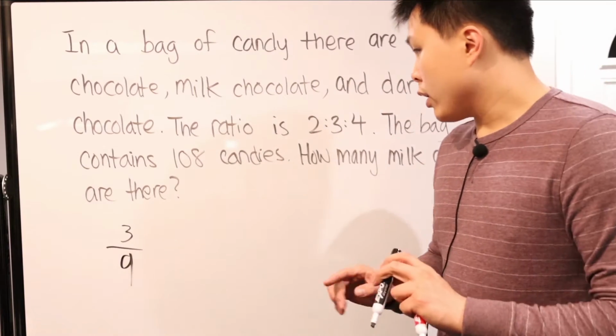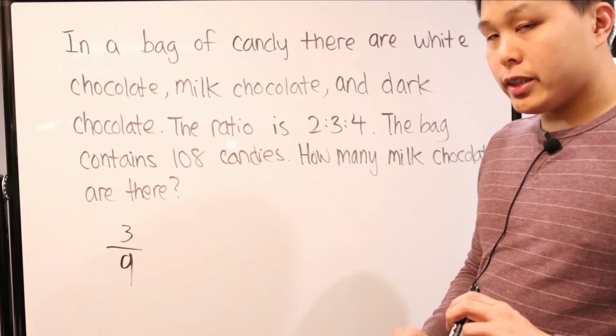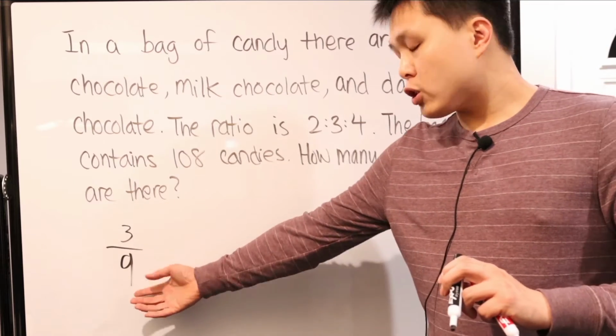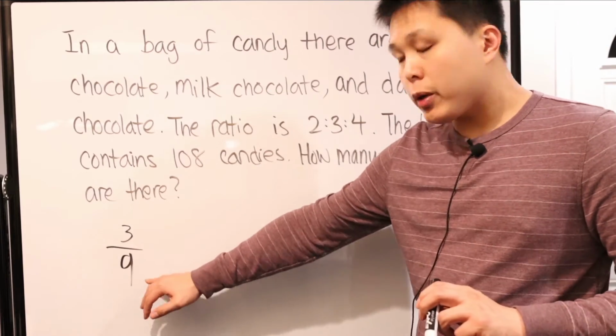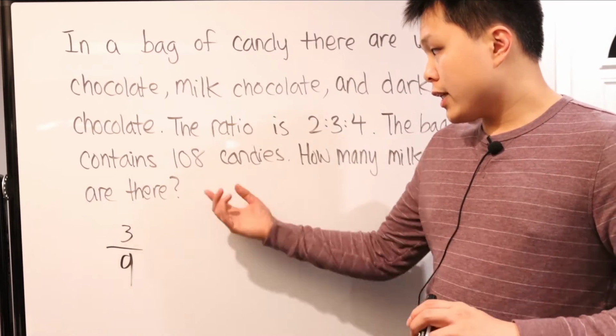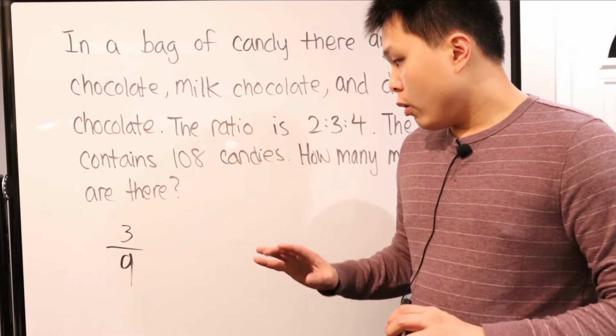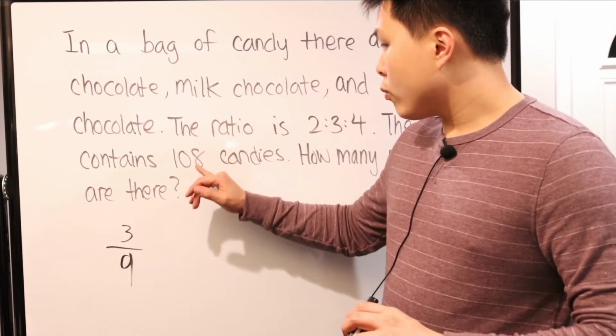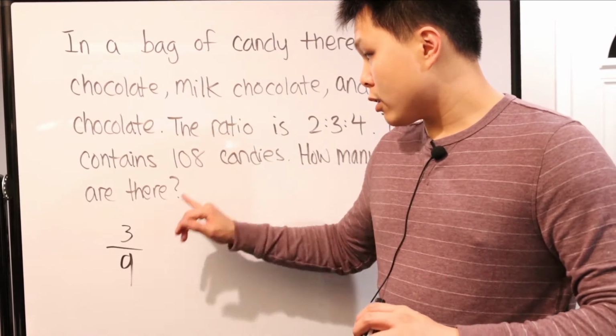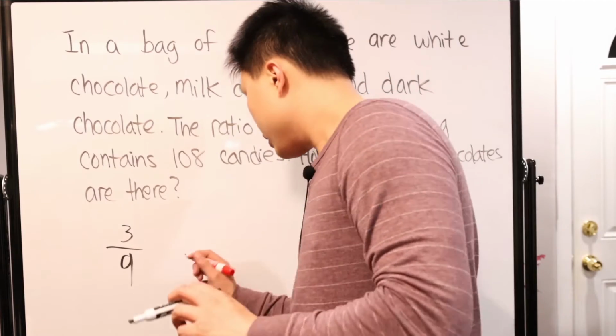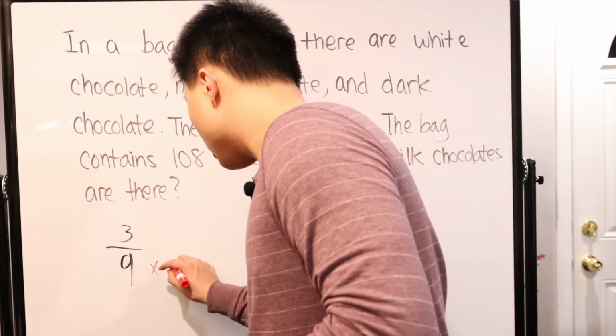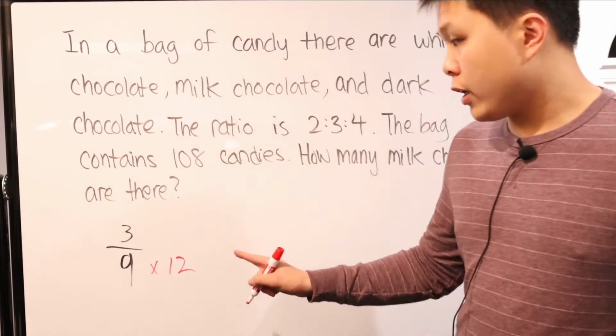Cool. Well, guess what? We have 108 candies total. Well, we don't want just one group of 9. We want to figure out how many groups of 9 are there to get us a total of 108. Hopefully from our experience, we know that some number times 9 is going to be 108, and that's going to be 12, right? So we're going to multiply the bottom by 12, meaning that there's 12 groups of 9.